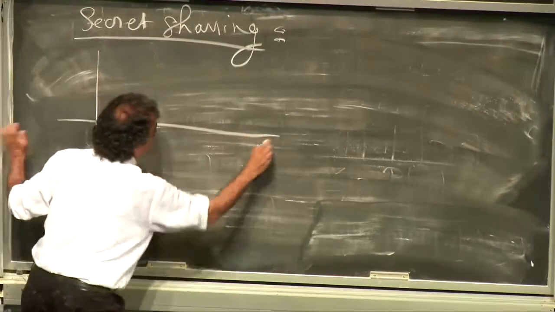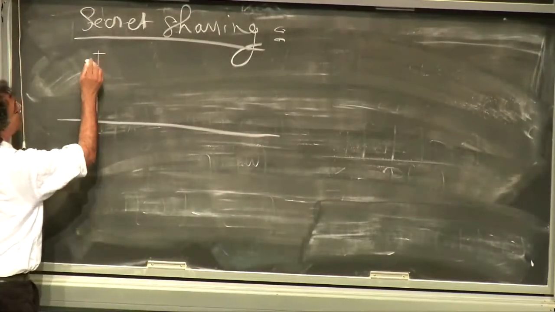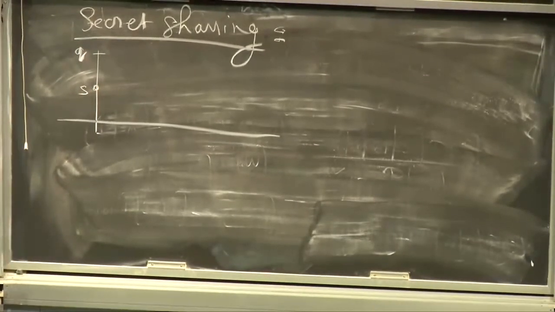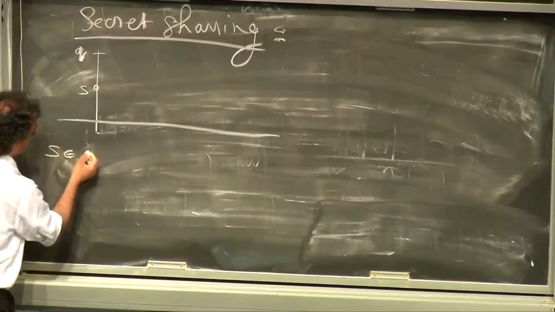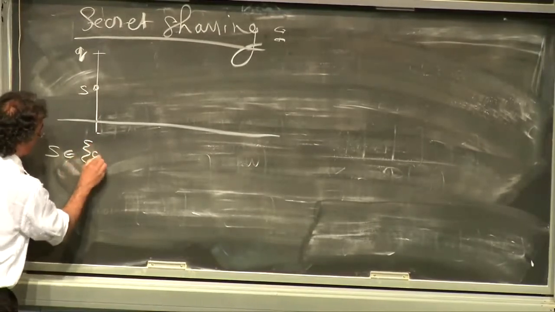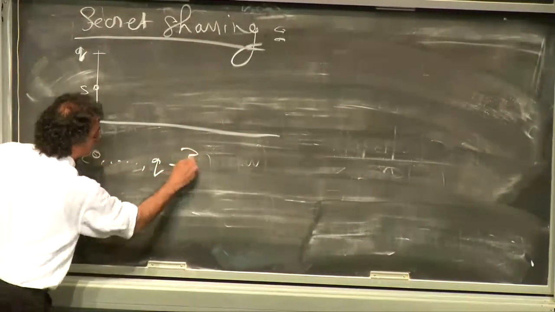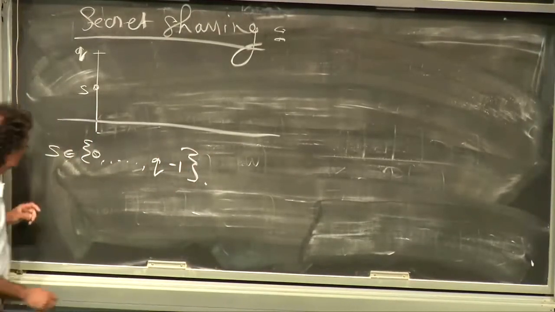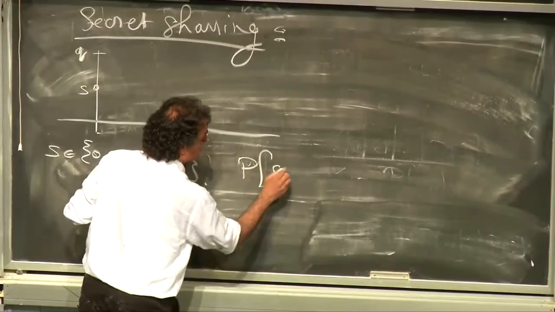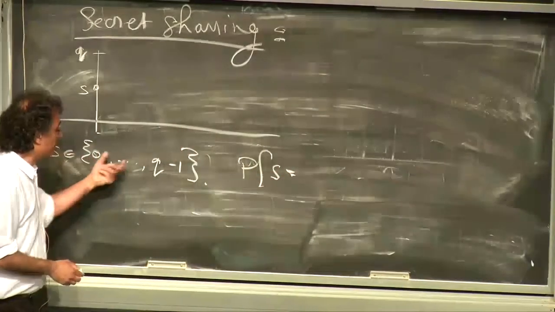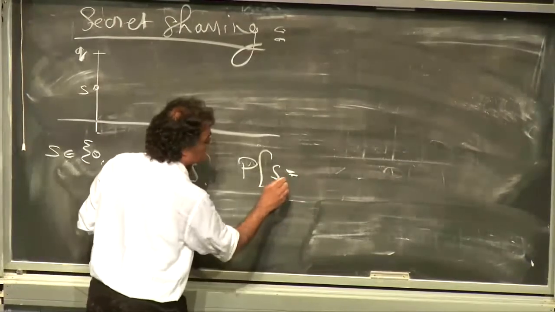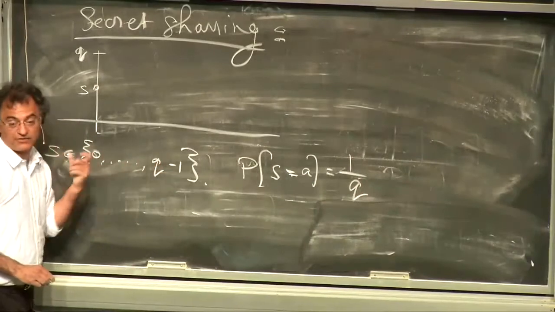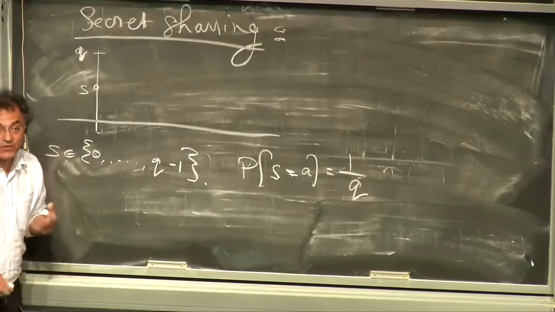There's a secret, and you're working mod Q. There's a secret S, a random element between 0 and Q minus 1, and S is uniformly distributed. So the probability S is equal to A is 1 over Q, for every A between 0 and Q minus 1. That's what it means for it to be a secret.